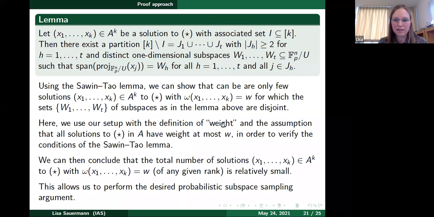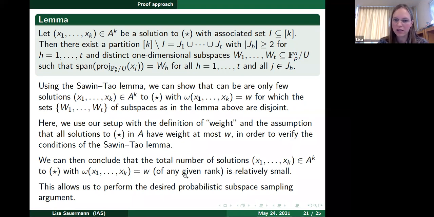With analyzing this weight condition, and also this assumption that the solutions in A have weight at most W, one can then verify the conditions in the Sauermann-Tau lemma, and then one can conclude from the lemma that for any list of solutions where these sets of subspaces W1 to Wt in the lemma are disjoint, there can't be too many. And from that, one can then, with combinatorial arguments, conclude that the total number of solutions in A of weight equal to W is relatively small.